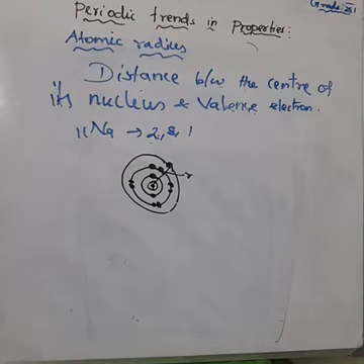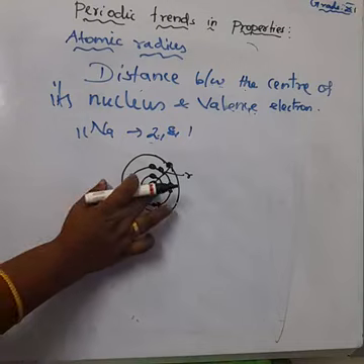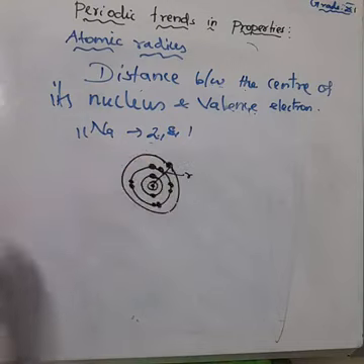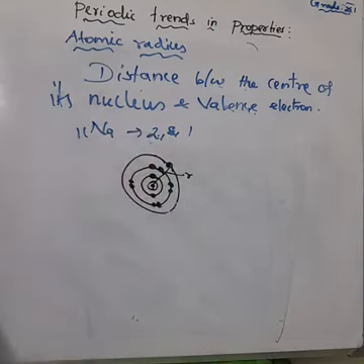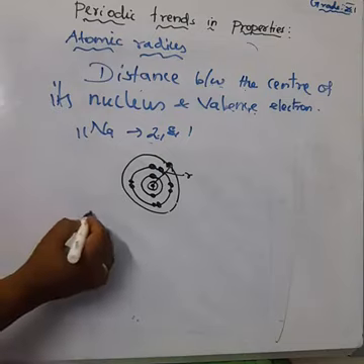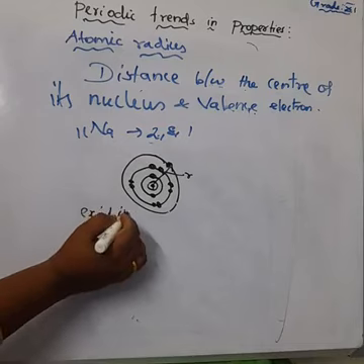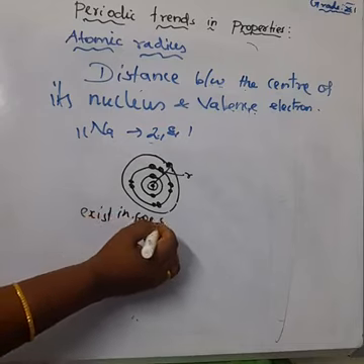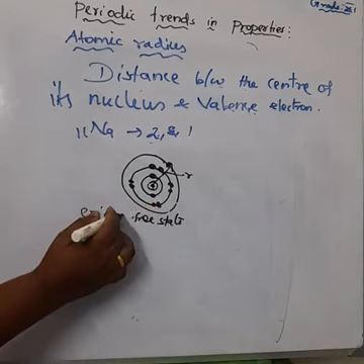But it is not possible to measure the radius of an isolated atom directly. Isolated means it is in free state. You know, atoms do not exist in free state except noble gases.